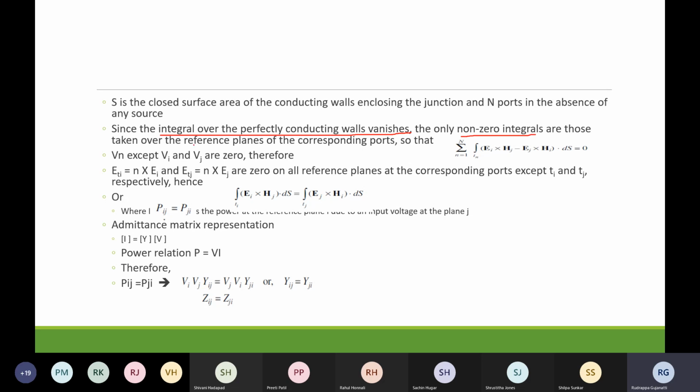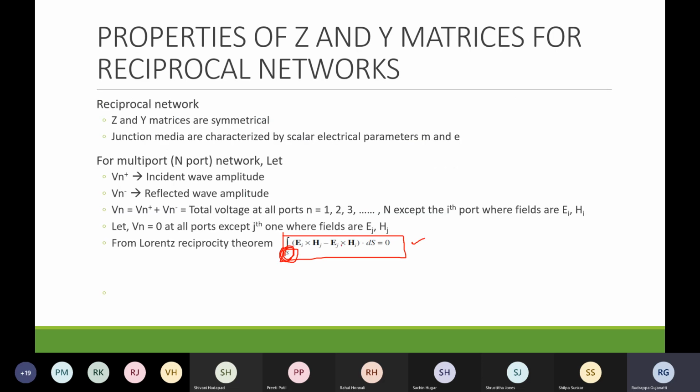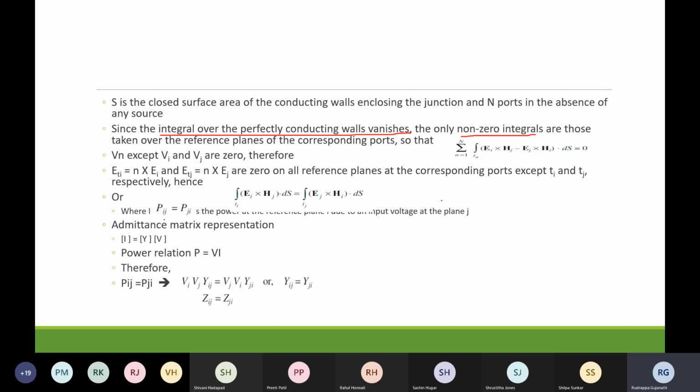Therefore, the equation gets modified to only the integrals where we have non-zero values. Since there are a total of n ports, it turns out to be the summation of all the integrals of this parameter, wherein the integral is non-zero.